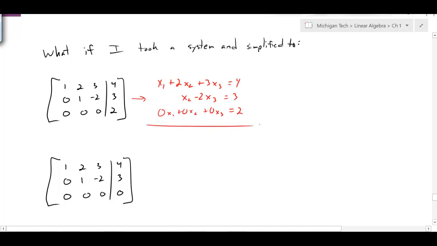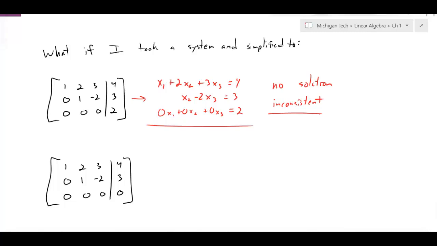But that's impossible because this says that 0 equals 2. Therefore, there must be no solutions to this system. We would call this system inconsistent. That's the terminology we would use for this if it does not have solutions.